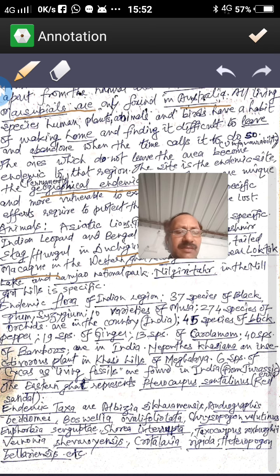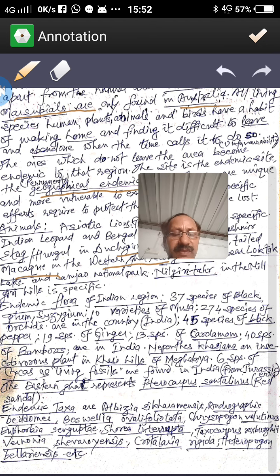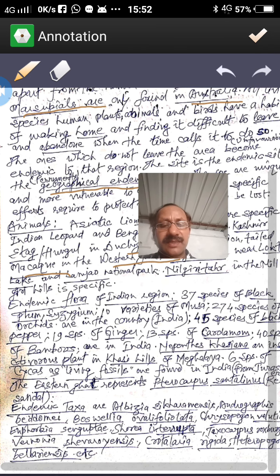Nepenthes khasiana, which is an insectivorous plant, is restricted only to the Khasi Hills and not elsewhere, only in Meghalaya.